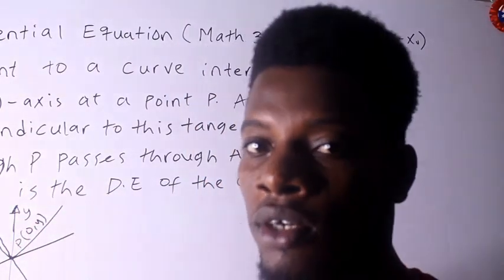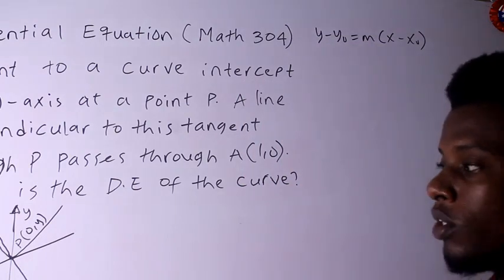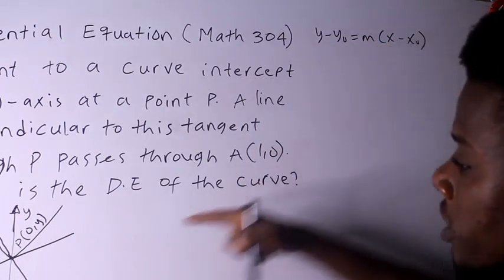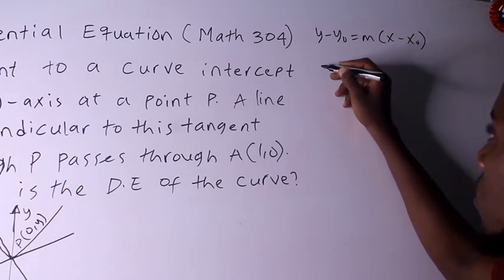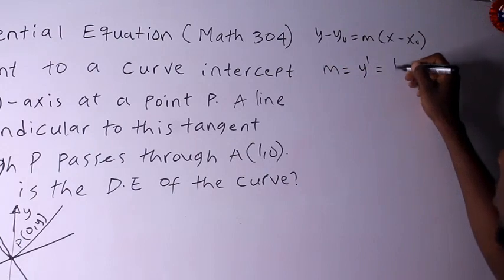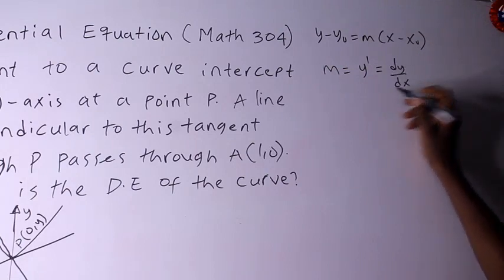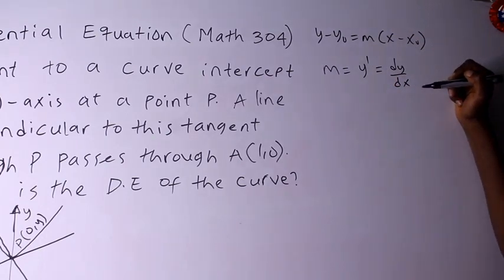That is the definition of m. So m is the derivative with respect to x, so m equals y prime, which is the same as dy by dx.